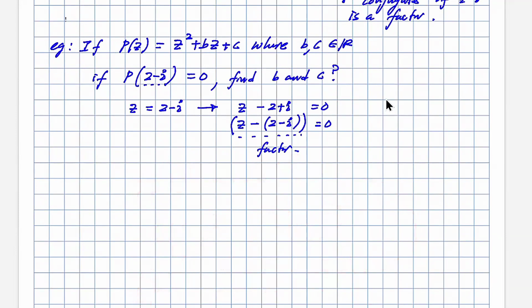So now this tells you that P(z) is equal to z to the power 2 plus bz plus c can be written as z minus (2 minus i), isn't it? z something, right? So now the question is given to you that these are all real numbers.